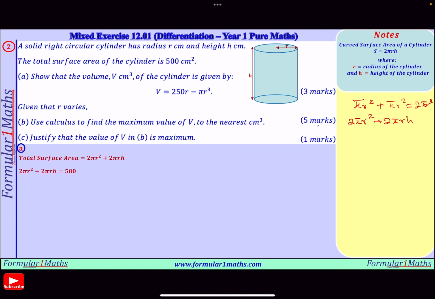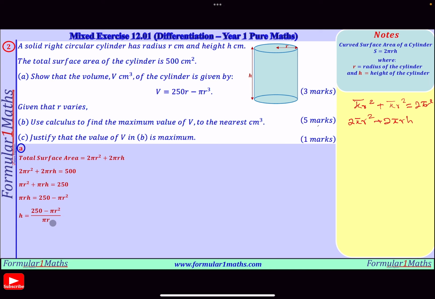We can divide every term by 2 to simplify it to get pi r squared plus pi r h equals 250. We can now rearrange and make h the subject as follows. So h is equal to 250 minus pi r squared over pi r.